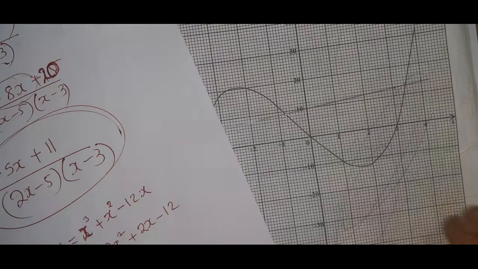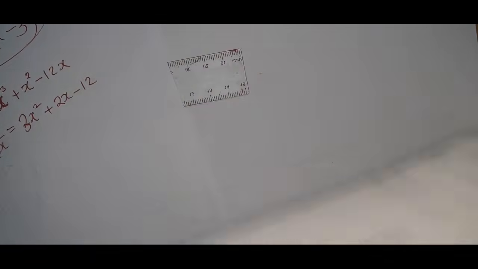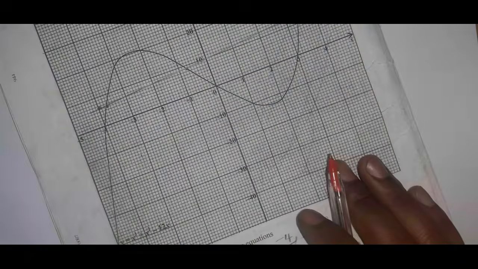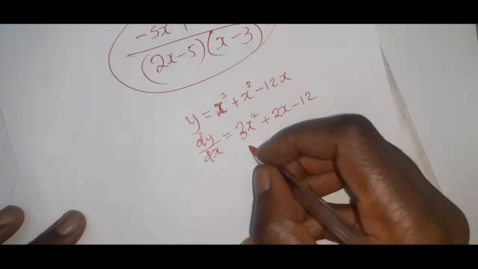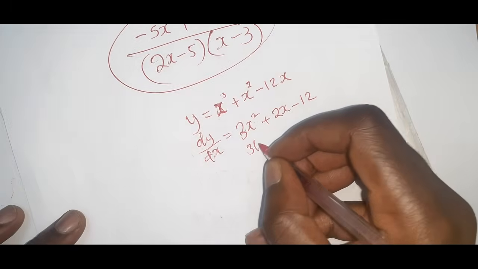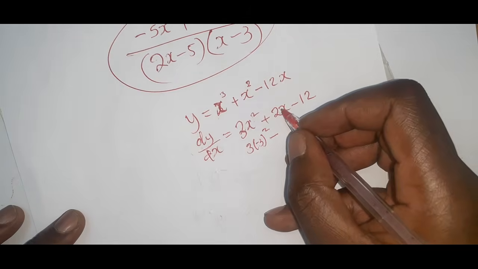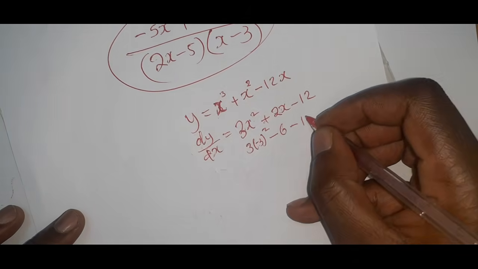Then now where there is x, we put -3. So what are we supposed to do? This is going to be 3 times -3 squared.